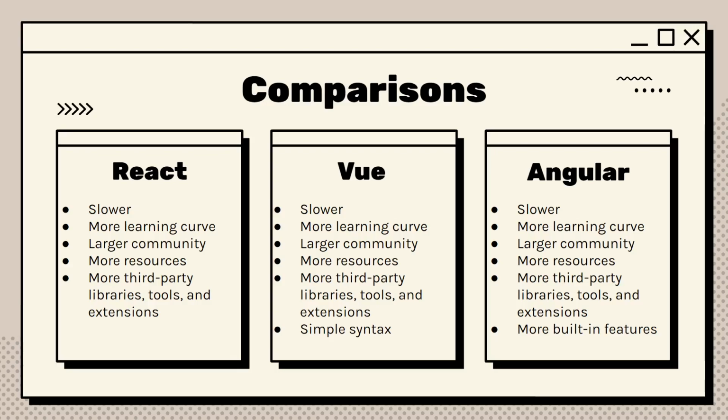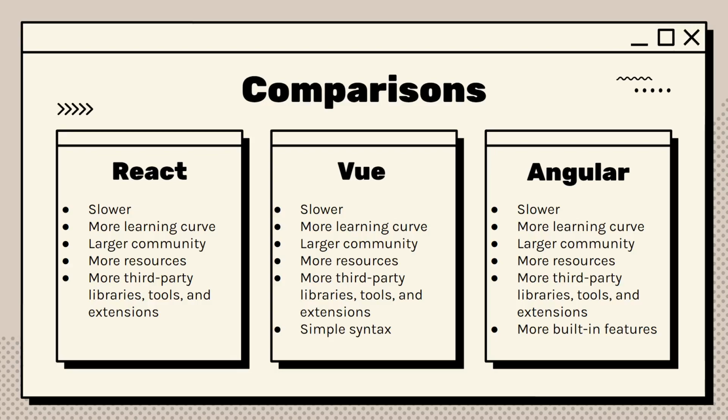So React, Vue, and Angular are slower than Svelte, and they also have a steeper learning curve because Svelte syntax is very easy to use. But their advantage is that React, Vue, and Angular all have a larger community than Svelte, and a larger community means more resources and more third-party libraries, tools, and also extensions.